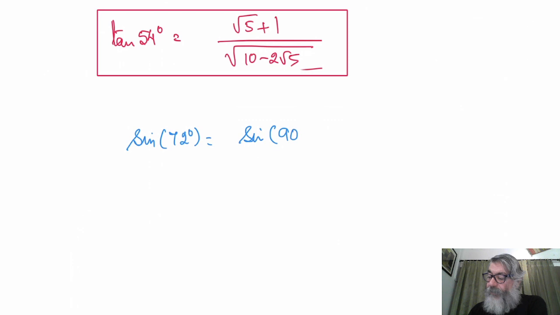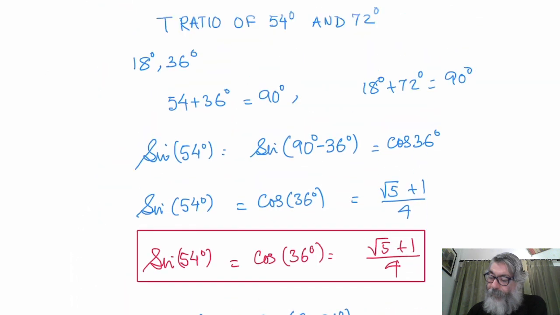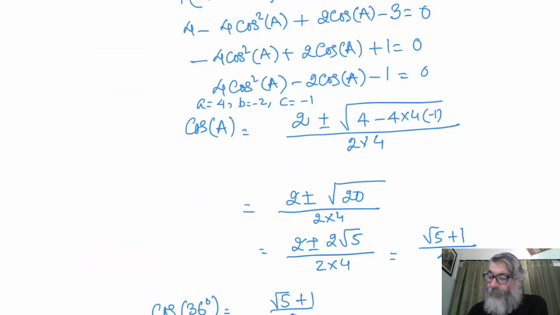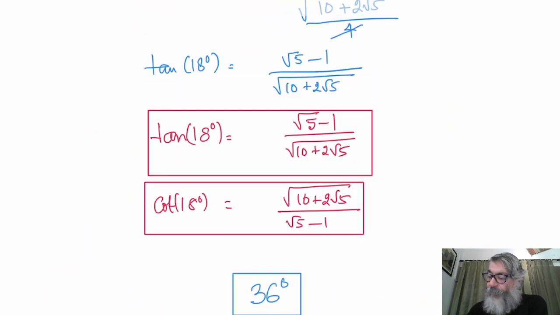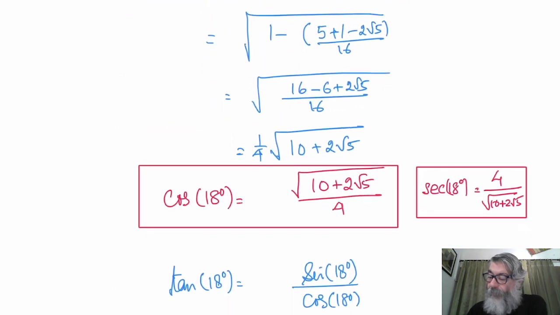Cos 18 was under root 10 plus 2 root 5 upon 4. So sine 72 degree will be equal to cos 18 degree, which is under root 10 plus 2 root 5 upon 4.